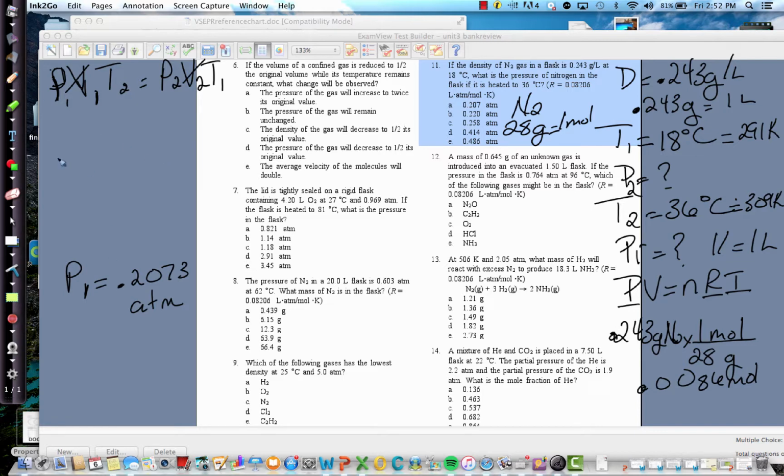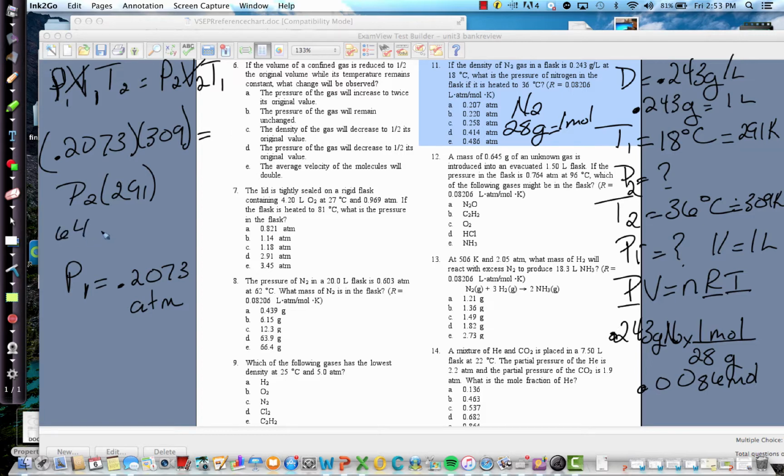So P1 is 0.2073, T2 is going to be 309, and then P2 is unknown, and that's multiplied by T1, which is 291.